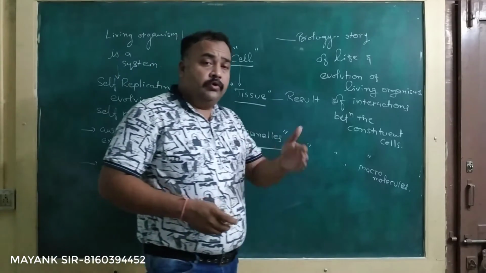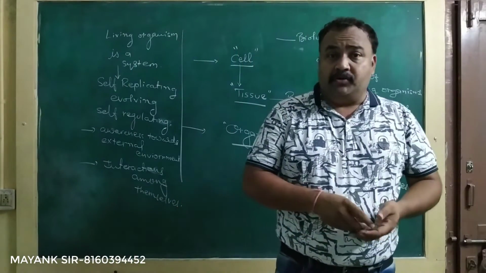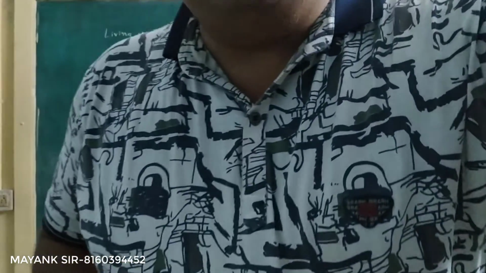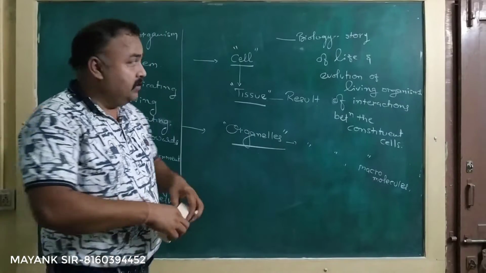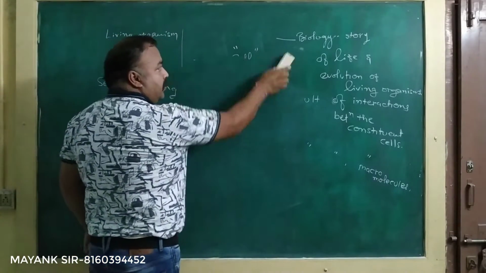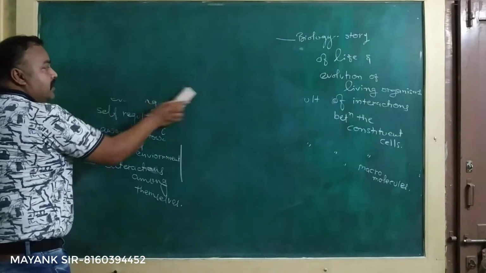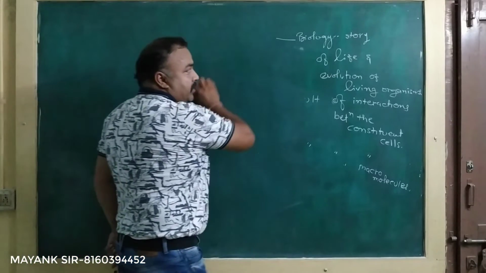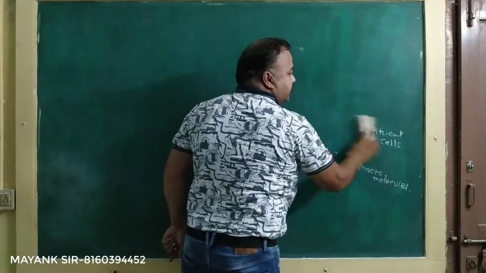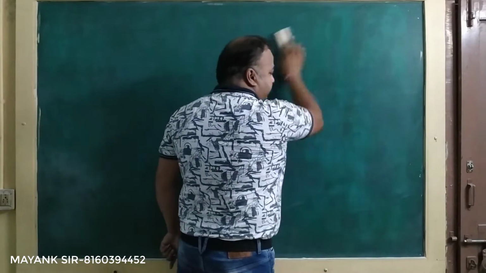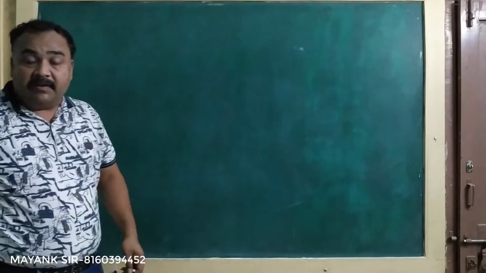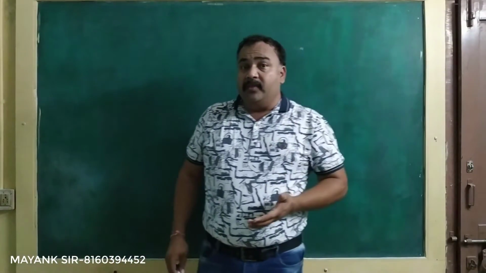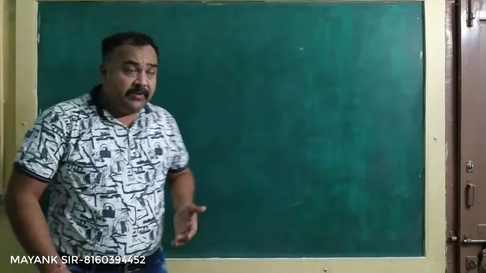Now we will go towards the next topic as I told you earlier, and that is known as biodiversity. Biodiversity is nothing but, if we observe around ourselves, we will be able to see different kinds of living organisms in different numbers, different kinds of plants, different kinds of animals, and some of the organisms we cannot see with the help of our naked eye.